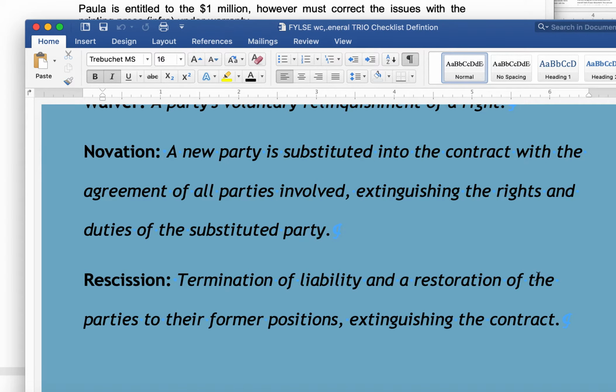But see, novation: a new party is substituted into a contract with the agreement of all parties involved, extinguishing the rights and duties of a substituted party. Well, all parties did not agree to this. So is that an issue? That's why I said I don't think that's an issue, because I think what happened was exactly what the fact pattern says.